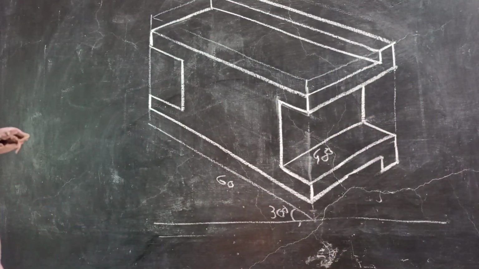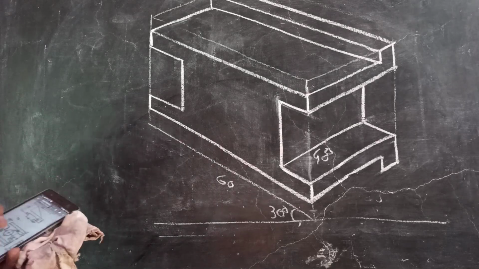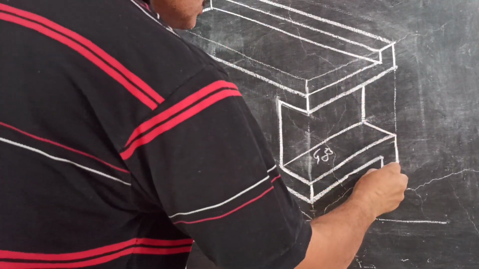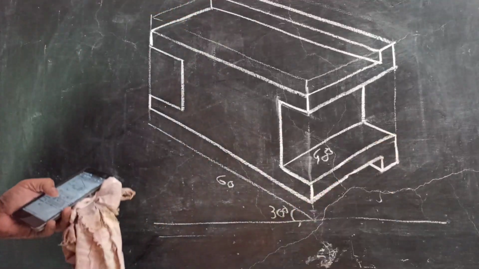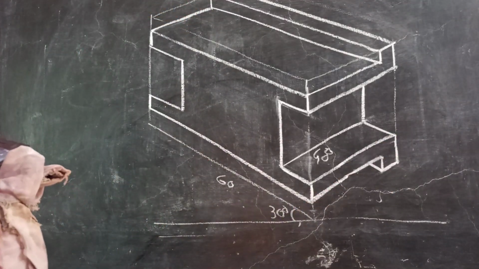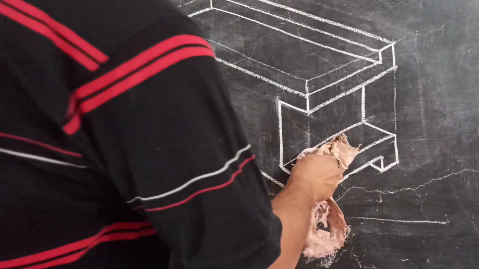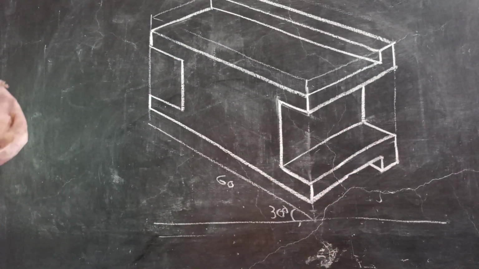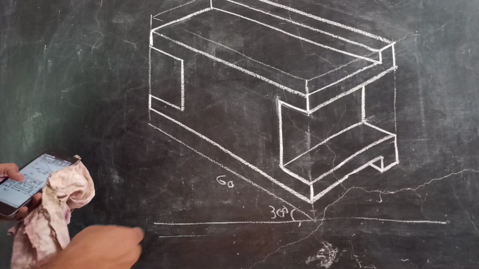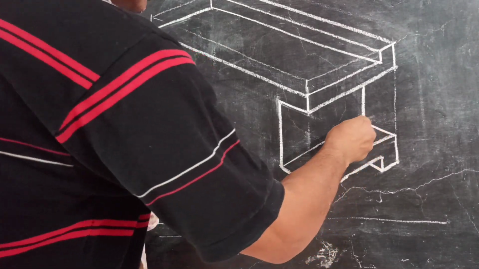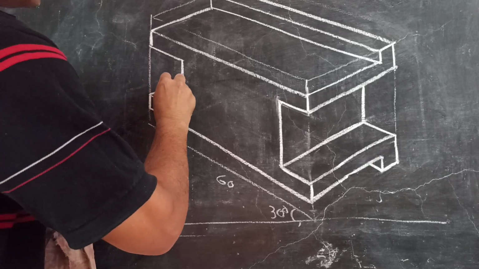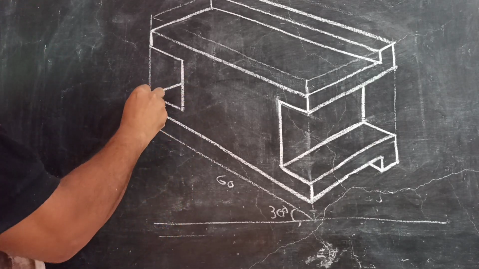So this is the side view. From here again you can draw a line parallel to this or this small line. So this is the side view. Then what is remaining is to draw a line parallel to this one from here. So you can see this.